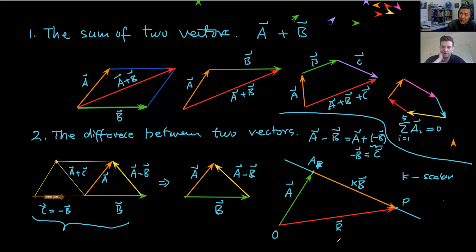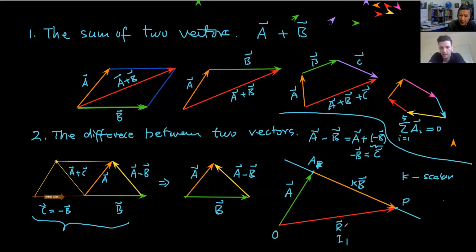So what is the vector equation for this straight line? You just mentioned it. Basically what we need is to look for R, because once R is known, it is called the position vector.